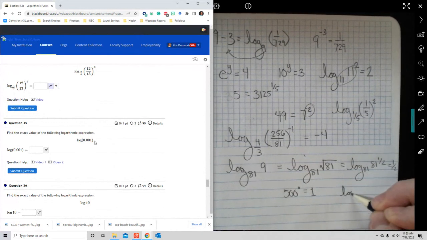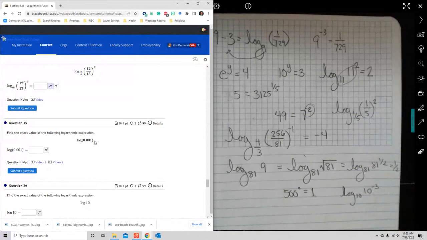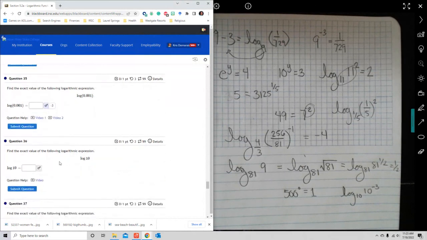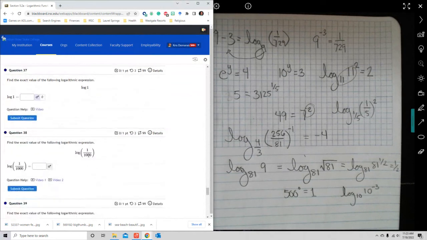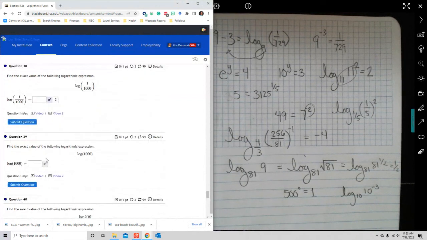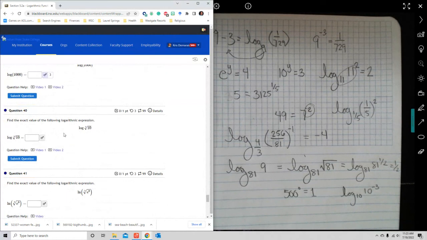So it's going to be log base 10 of 10 to the -3rd, and we get our answer of -3. And then this one's going to be equal to 1. This one's 0. This one's going to be -3. 3. 1/3.